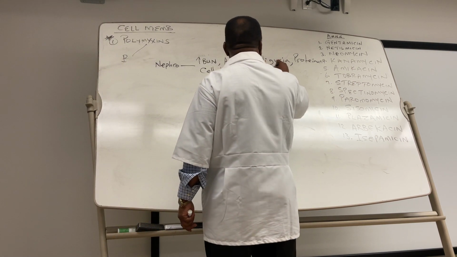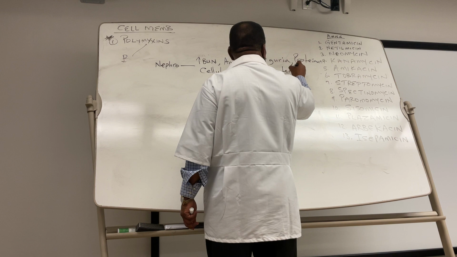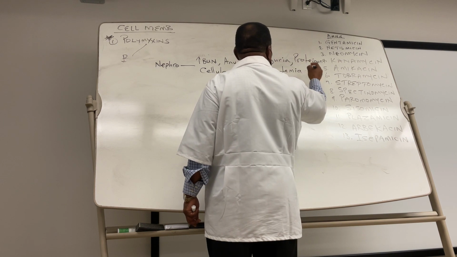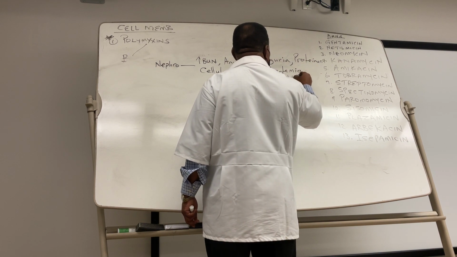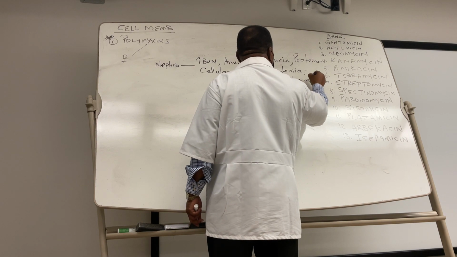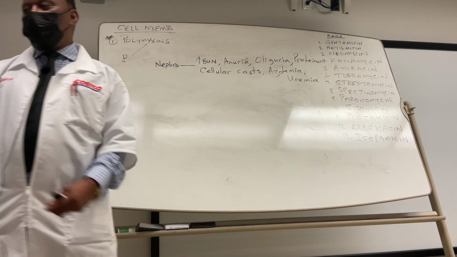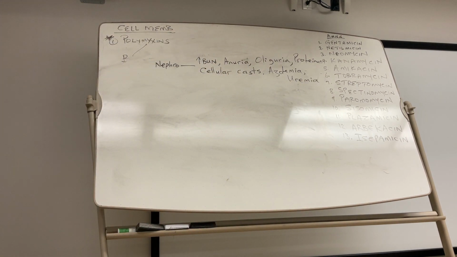And then azotemia can develop. And then you can eventually get the most serious one, uremia, in which case the kidney is already damaged.